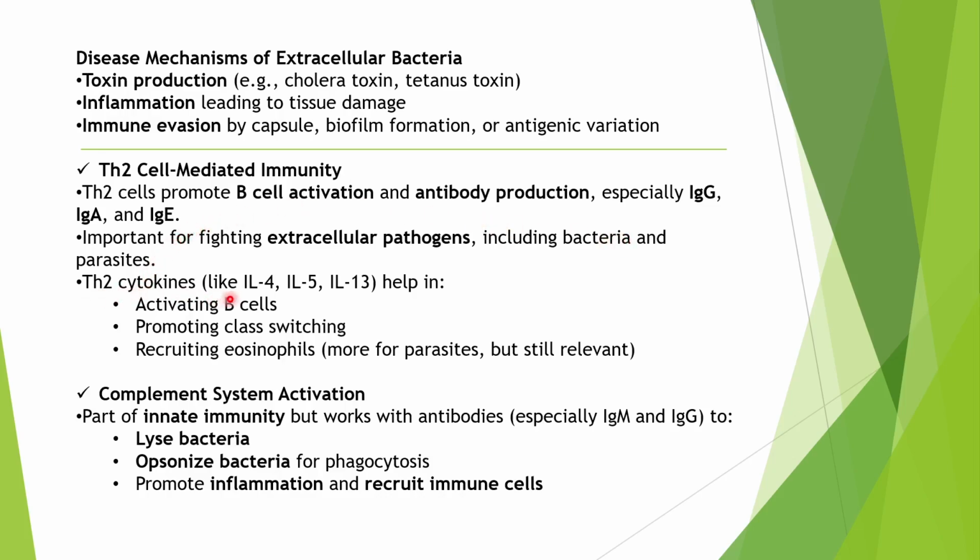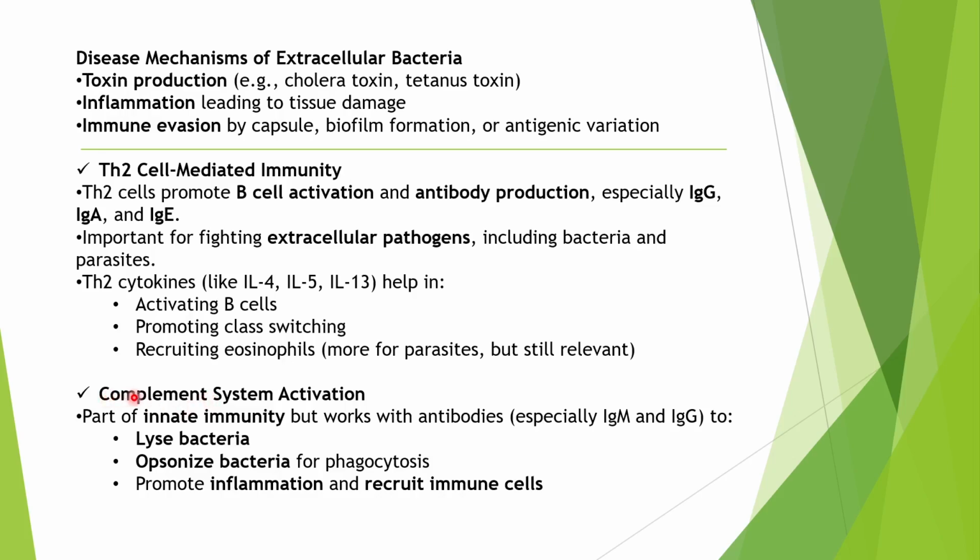Then Th2 cytokines like interleukins 4, 5, 13 help in activation of B cells, promoting class switching, recruiting eosinophils. For parasites, these eosinophils play a more important role.